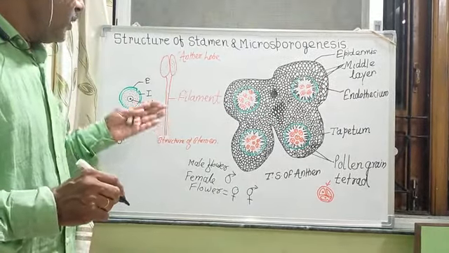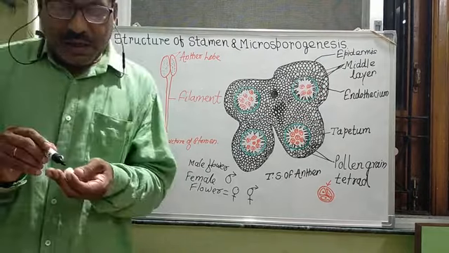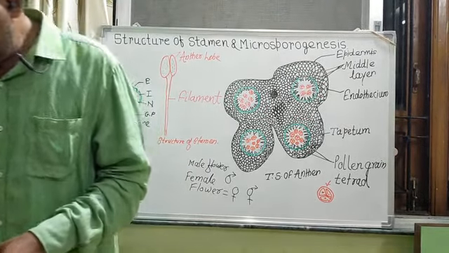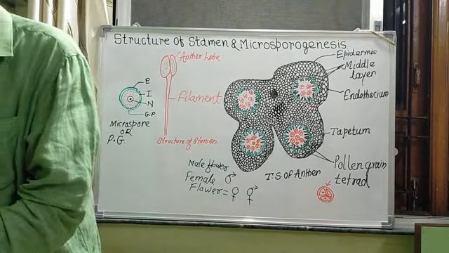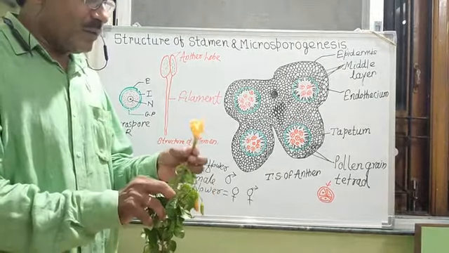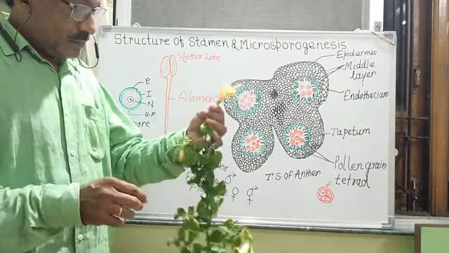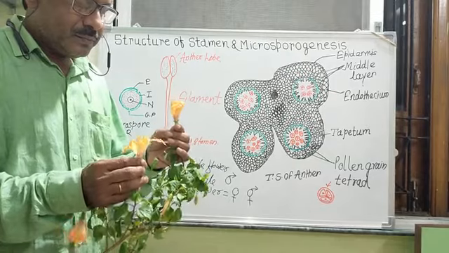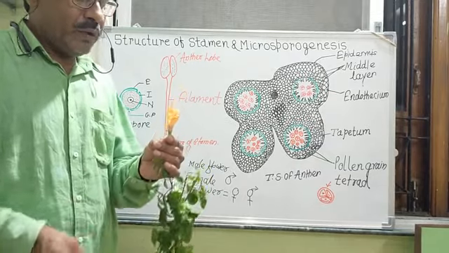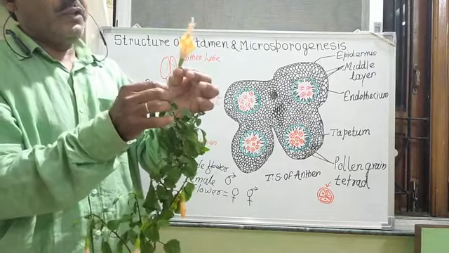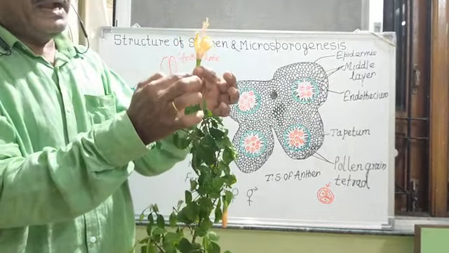So I have some flowers here. This is the hibiscus plant bearing flowers. Look at this. This is a complete flower. This portion is called the pedicel.